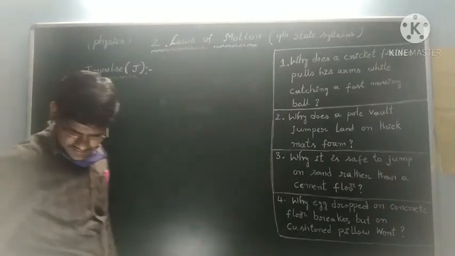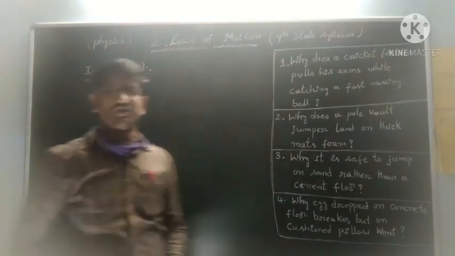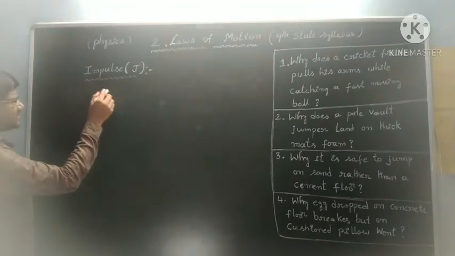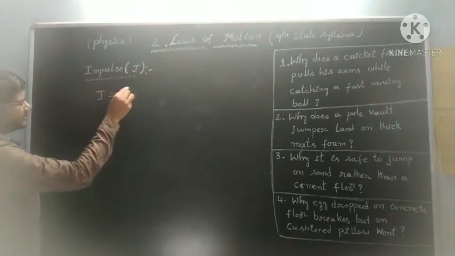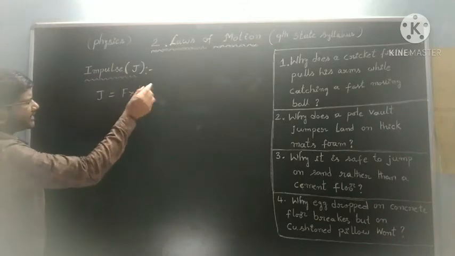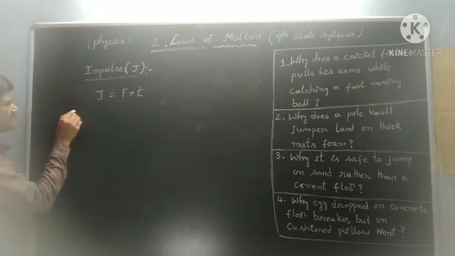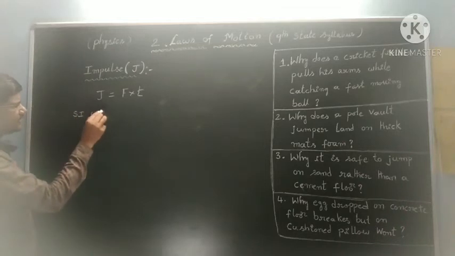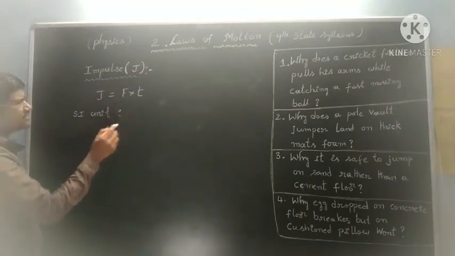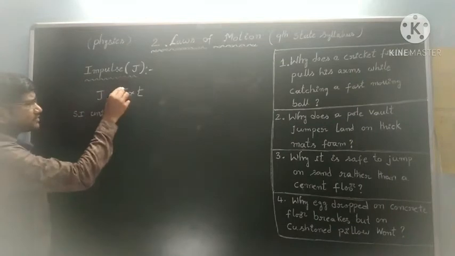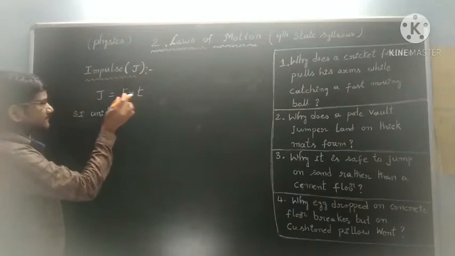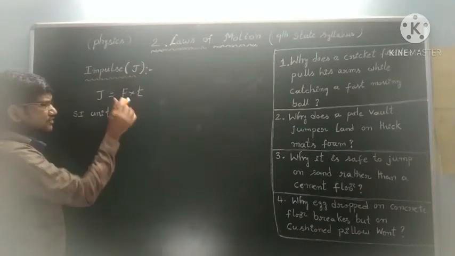And see my dear students, we know that impulse J is equal to F into T. So the SI unit of impulse means we should write the SI unit of force and the SI unit of time. And what is the SI unit of force, children?